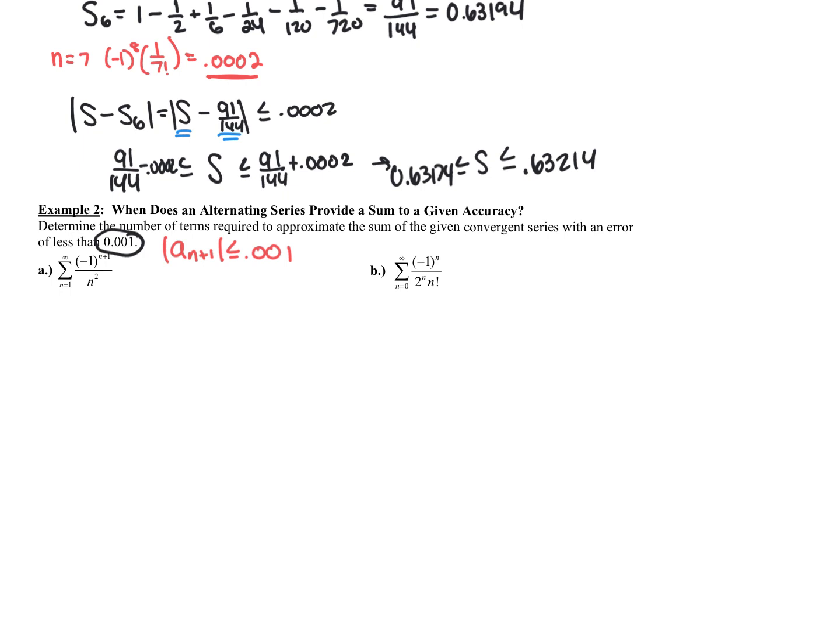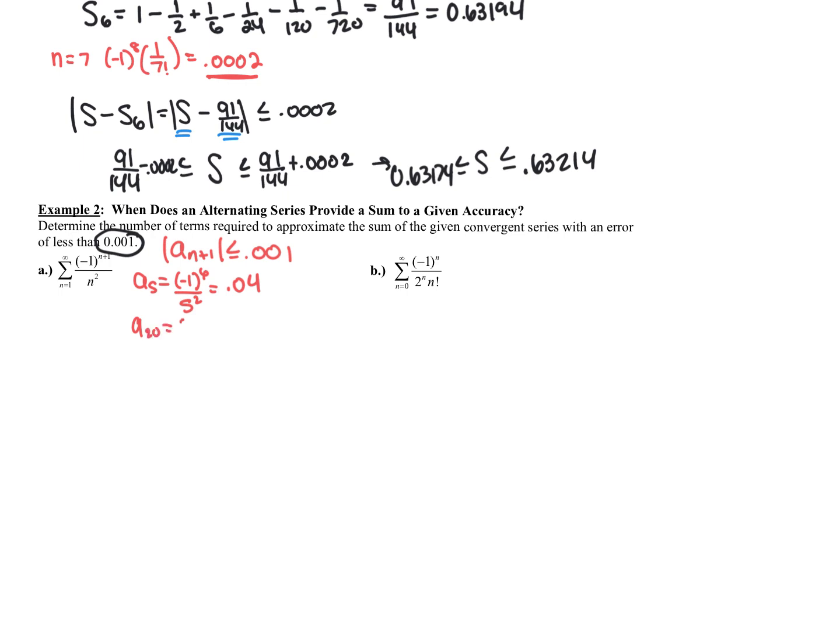So for example, let's see the 5th term, right? So that will be negative 1 to the 6th over 5 squared, or 1 over 25, which as a decimal is 0.04. So that's clearly not small enough. So we could go bigger. Let's try a sub 20.